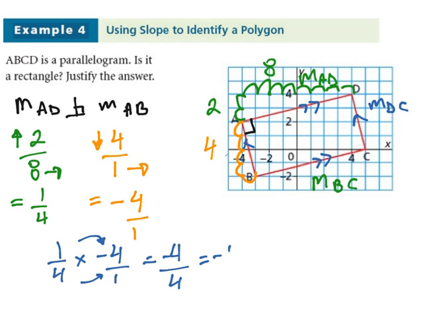That means 1 over 4 and 4 over 1 switch places, or reciprocate, and originally the slope is positive, now it's negative. So now we know that line segment AD is perpendicular to line segment AB. And since one of the angles is a right angle, then all the angles must be right angles, as we discussed. And this concludes our lesson.